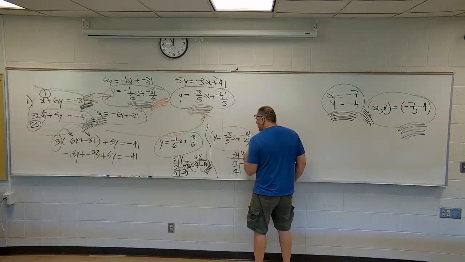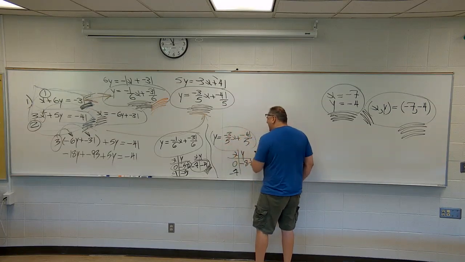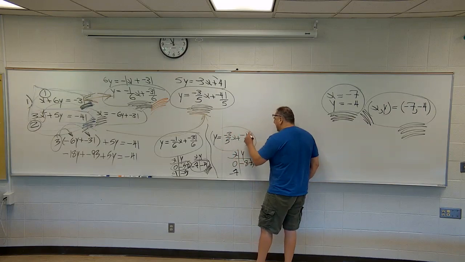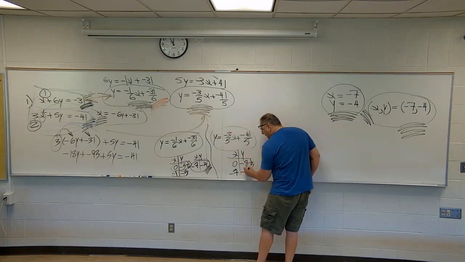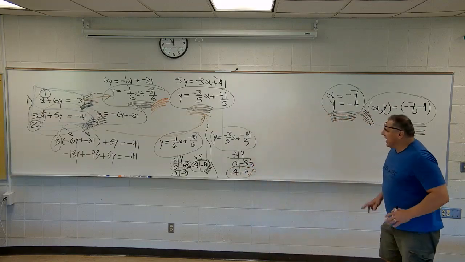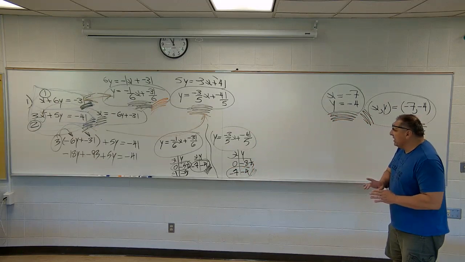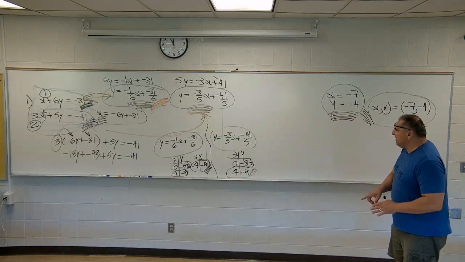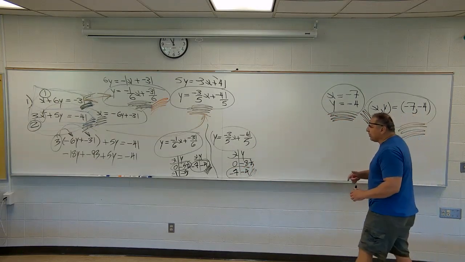So it's positive 21 over 5. Positive 21 over 5 and negative 41 over 5 is negative 20 over 5. Negative 20 divided by 5 is negative 4. Okay, that's very much of significance. They're occurring in both tables. The negative 7 comma negative 4 occurs in both places.